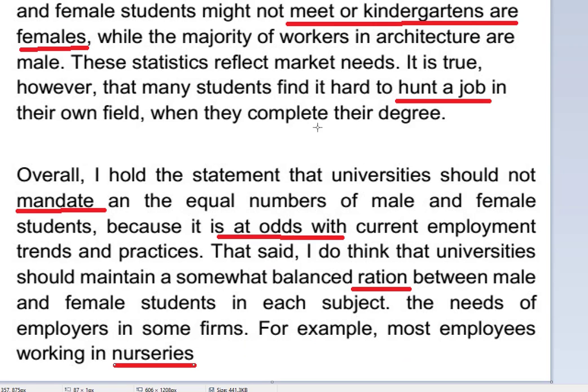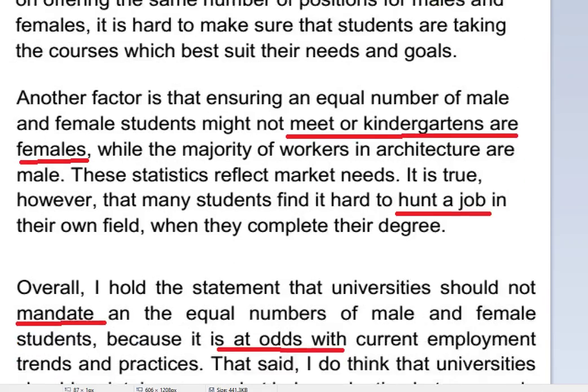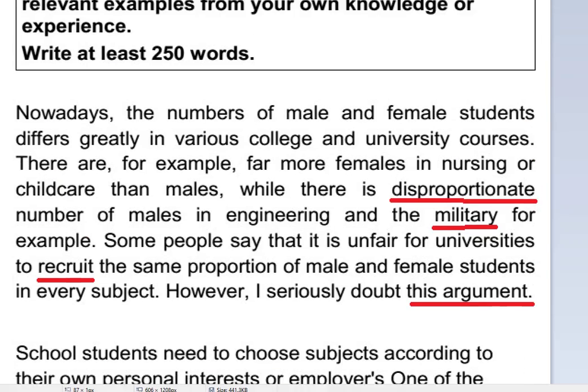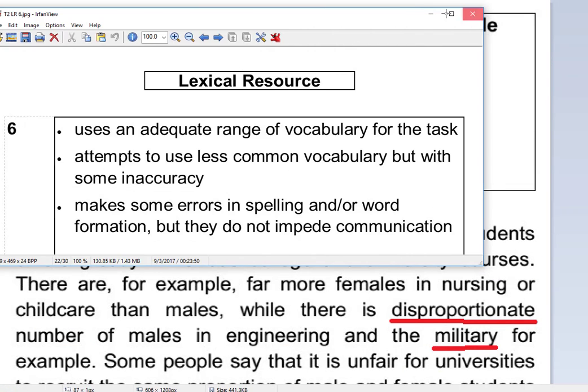I can generally understand what he's saying. These word choices. There's this case here, neither can words. Here I really don't understand. This is impeding communication. But it's a pretty isolated event. So 6 is probably a good score for lexical resources.